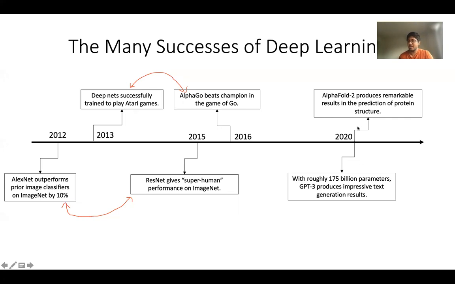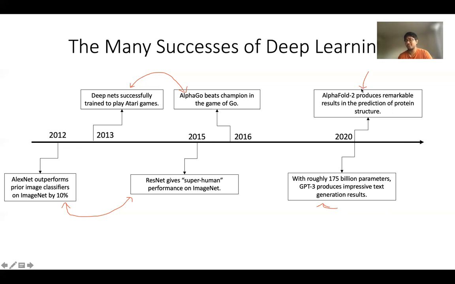And then I think in the past 2 years, there's been a number of popular results from deep learning. In particular, two of them that come to mind are GPT-3 from OpenAI and AlphaFold from Google. GPT-3, of course, has surprised us all with how good it is at generating text.